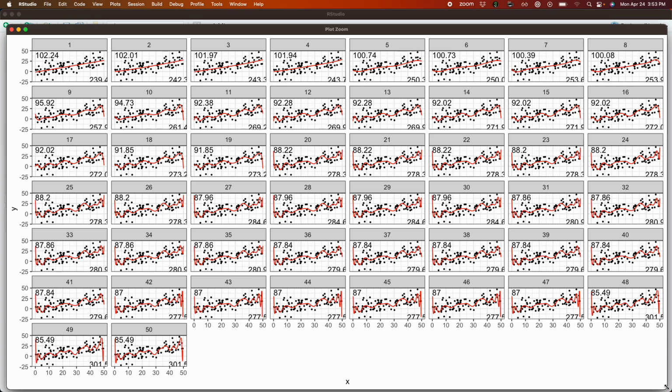Similar to R squared, the average error is always going to decrease as I increase my model complexity. That is because the line that gets fitted could at the very least be the same as before, but now I've added an extra variable, so I have a little more flexibility to work with, and so it's going to decrease. We can see that: 102.24 down all the way to 85.49, and you will not see an instance where this number is larger in the less complex models.